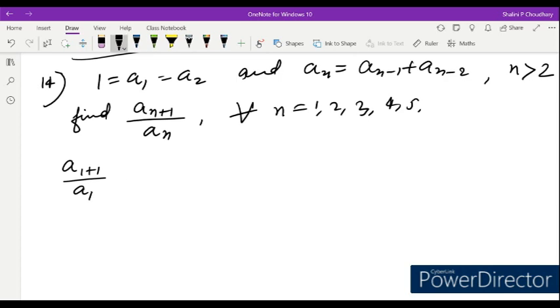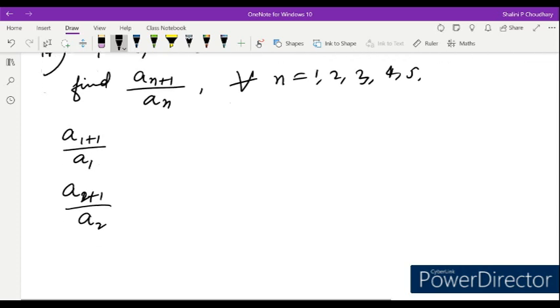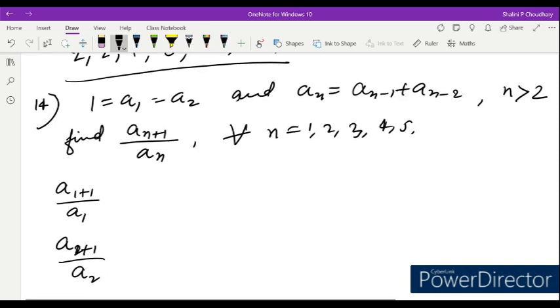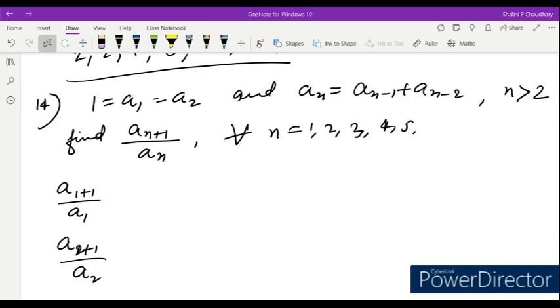Then a2 plus 1 divided by a2, then a3 plus 1 divided by a3. Okay, so what is a1, a2? a1 is 1, a2 is 1, a3 is, okay, we'll find out the values.